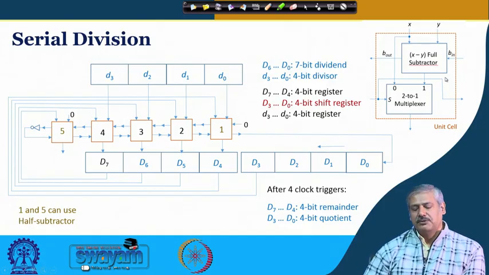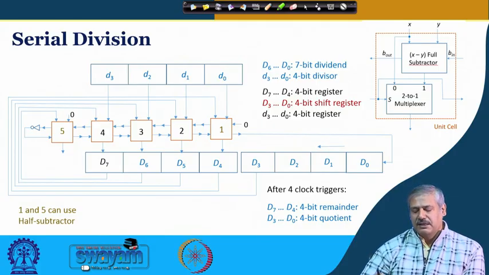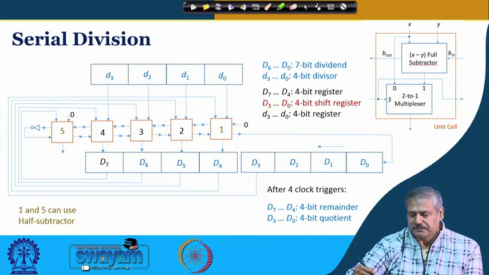Again I say that we are following the division paradigm that we had used in the combinatorial logic circuit based divider circuit discussion. So please refer to that and then come back here, it will be easier for you to follow.